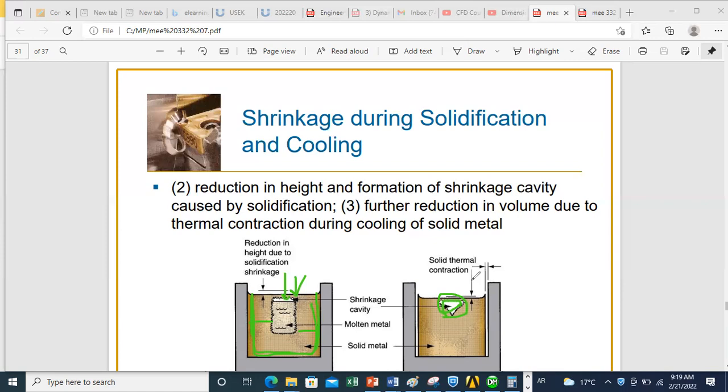Now at the end, when the whole part is in the solid state and it continues to cool, you will have volumetric shrinkage in all directions. So this is called linear shrinkage at the beginning. And at the end, when you have the complete molten metal transformed into solid, during the cooling of the solid you have what we call solid thermal contraction, which will take place in 3 dimensions, and we call it volumetric shrinkage.